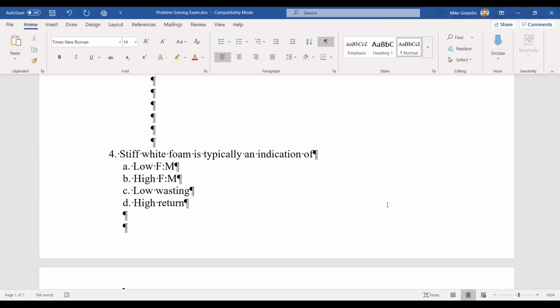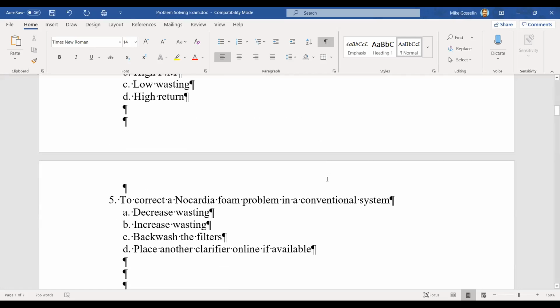High F/M, high food to microorganism ratio, for sure. There will definitely be something about stiff white foam on your exams, and it's whenever you're looking at a bioreactor or a mixed liquor tank and you have a white foam, it means your microorganisms are lower, so you've got more food and fewer microorganisms.